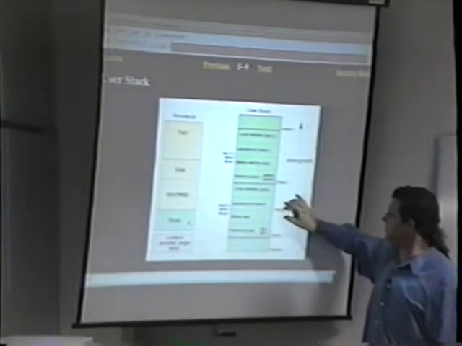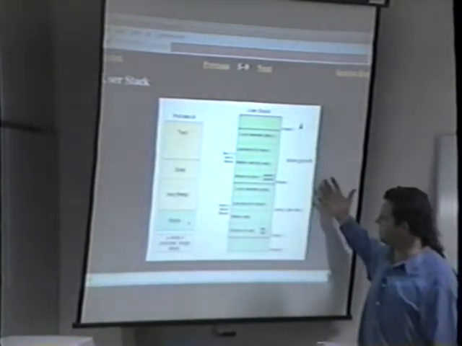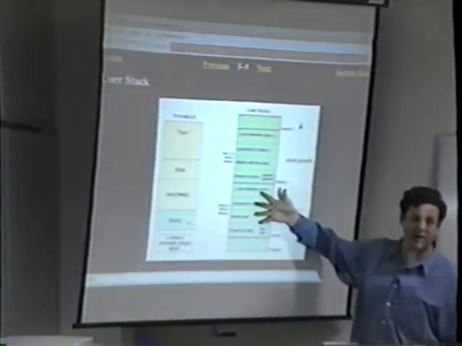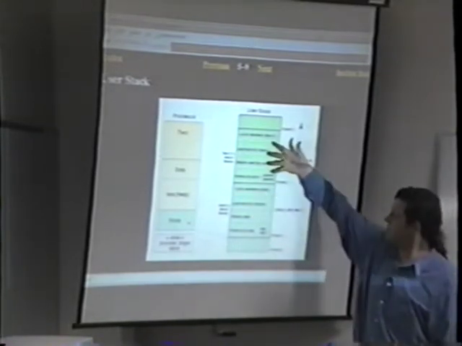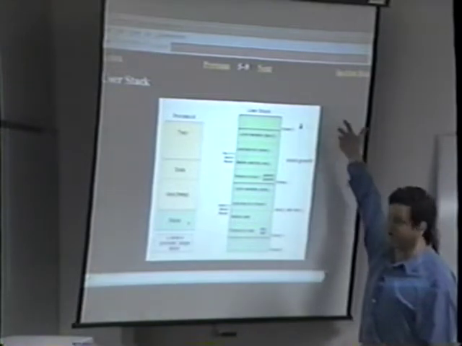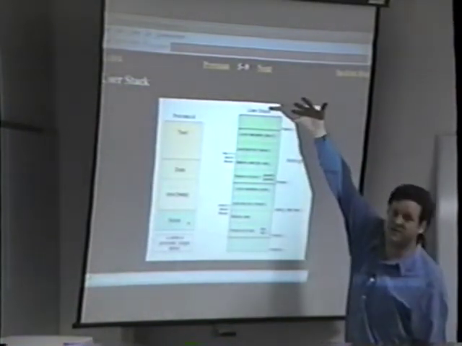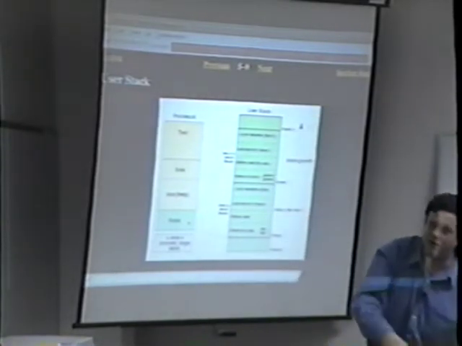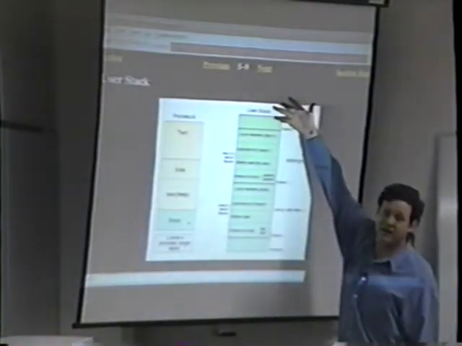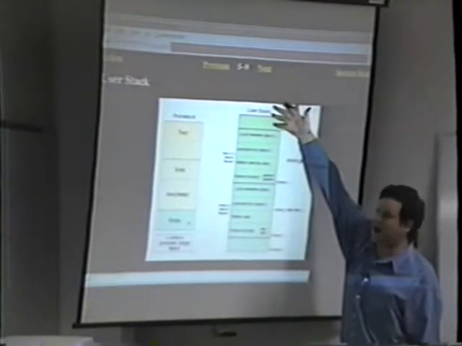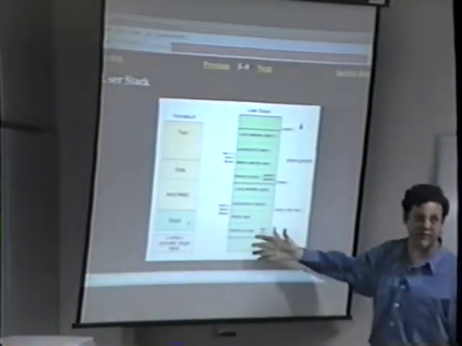And then if main jumps off to function 1, everything in main's environment has to be saved off in this frame. And then when I'm in function 1 and jump off to function 2, I'm going to have to dump off function 1's environment here, and so forth. So as I increase these subroutines deep, as I keep jumping deeper and deeper, I'm adding on to this stack. And then as I return back out of them, I'm pulling back off the stack to return to where I was before.